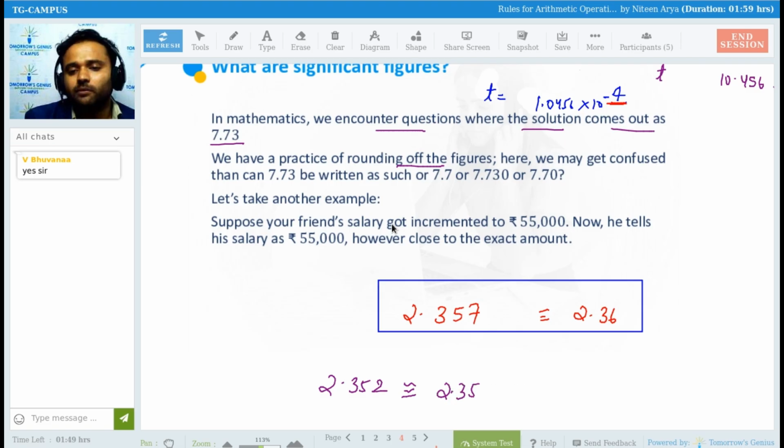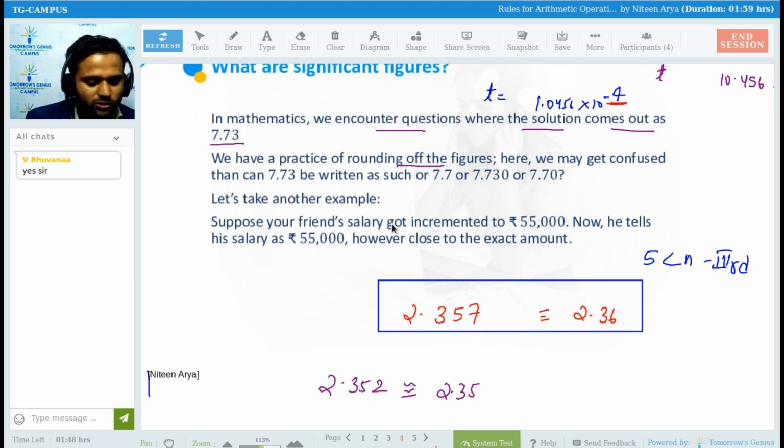Same thing. Why so? Because when the corresponding third number n is more than 5, in general, if we round it off to 2 significant figures, I mean 2 after the decimal, so if n, the third number, is more than 5, this particular condition is known as your rounding off.